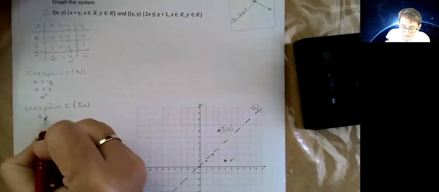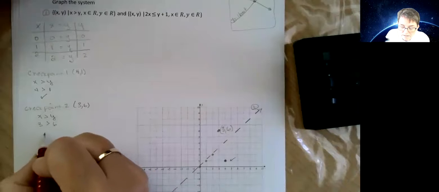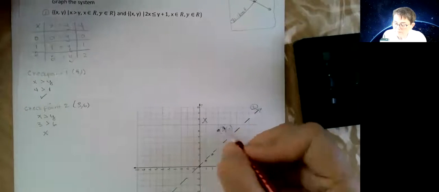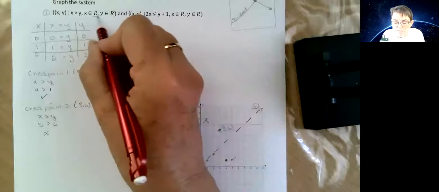So x is greater than y, 3 is greater than 6, and that's enough. So for this question, I need to shade underneath.